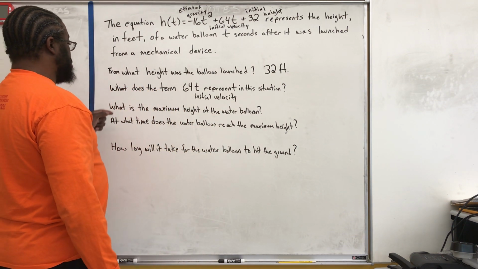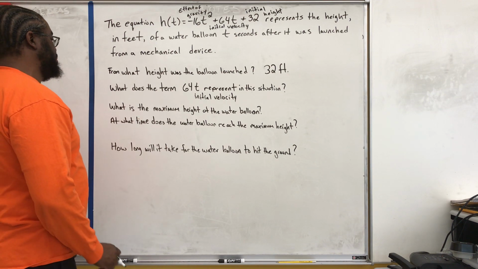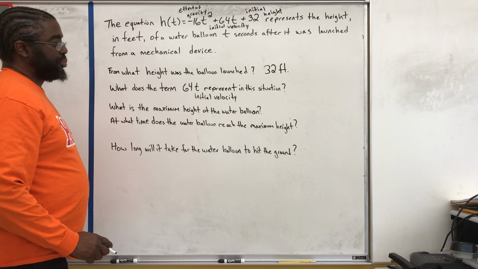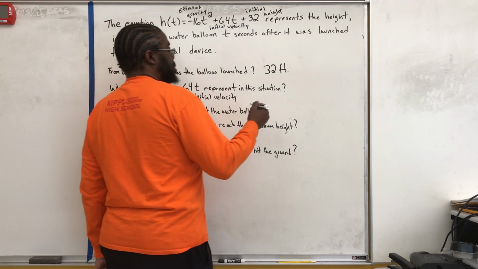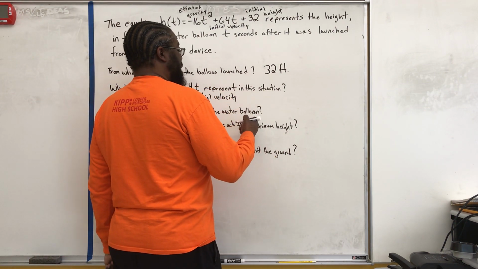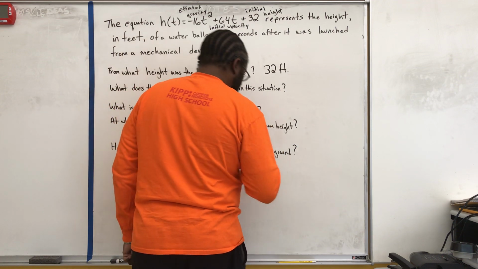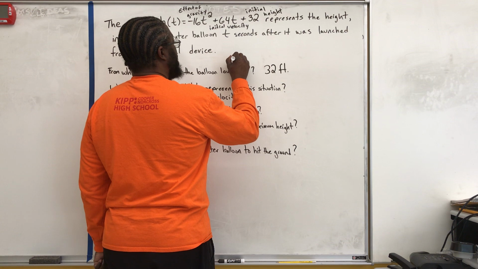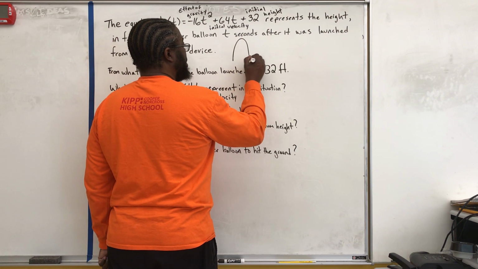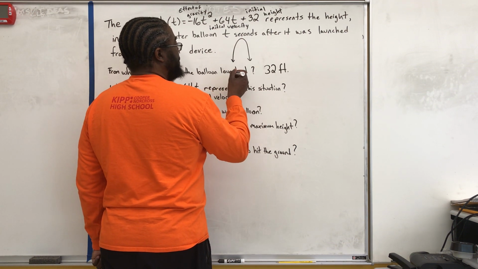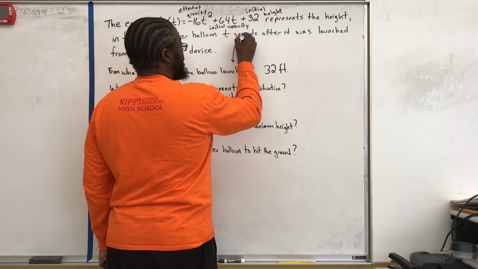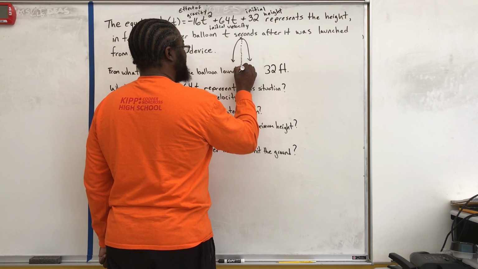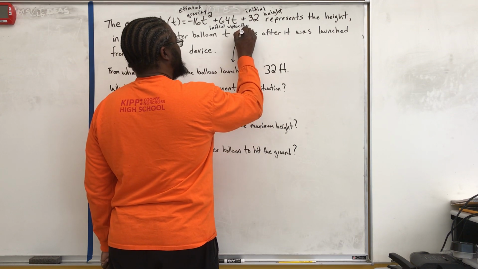So then I get to questions that start asking me to do some math. What is the maximum height of the water balloon? So we know the maximum height of a water balloon, well, if it's a parabola, it's going to be going up and down, right? The maximum height is going to happen here, but that's going to be in the middle of my parabola.